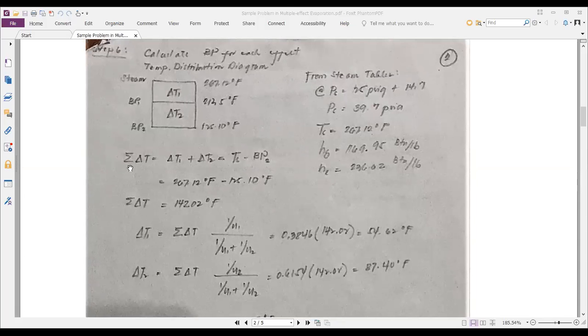You need the formula of summation of delta T is equal to delta T1 plus delta T2, which is also equal to the temperature of the steam minus the boiling point temperature of the last effect. In cases wherein you have 3 effects, this will be delta T1 plus delta T2 plus delta T3. And you will have here BP3, the boiling point of the third effect.